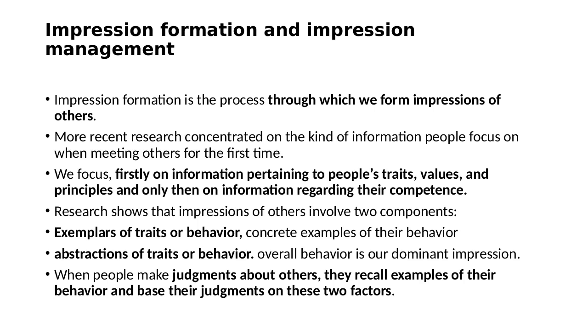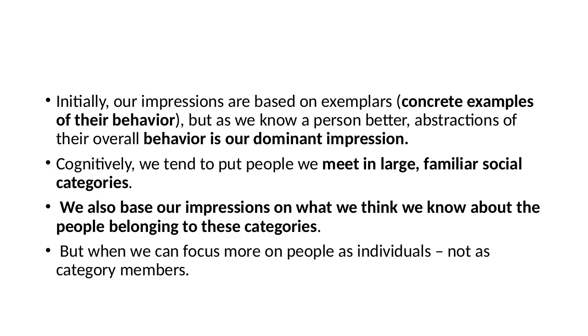But as we interact more with these individuals, we tend to understand them more. So initially, our impressions are based on exemplars, that is, concrete examples of their behavior. But as we know a person better, abstractions of their overall behavior become our dominant impression.